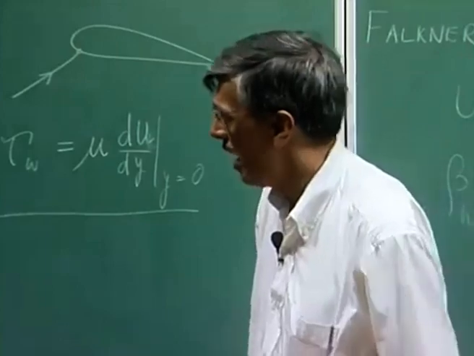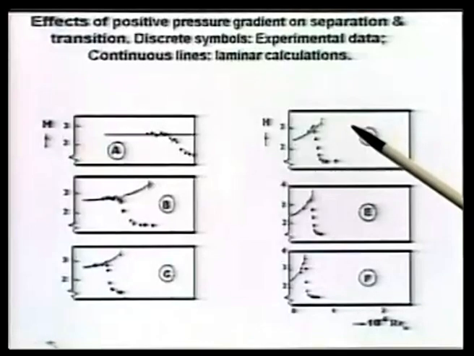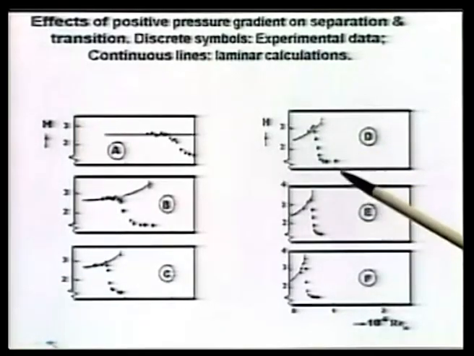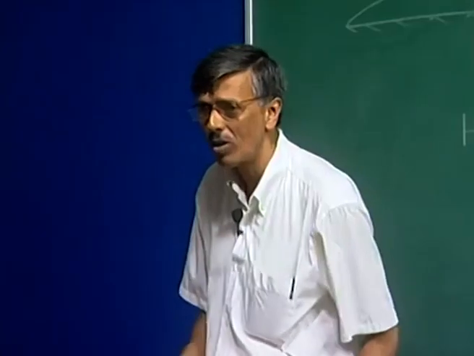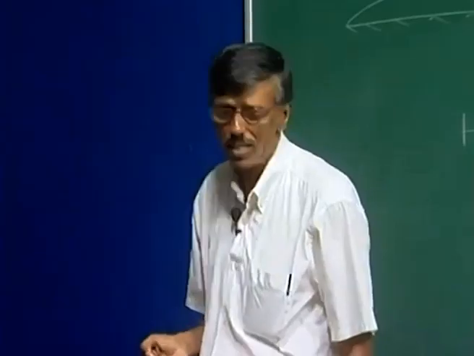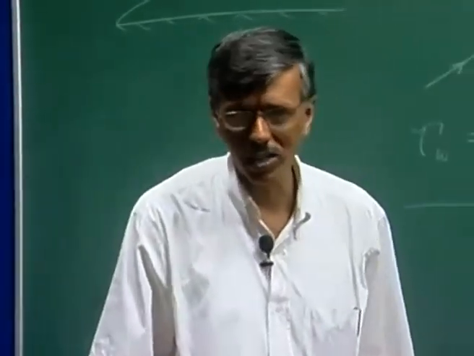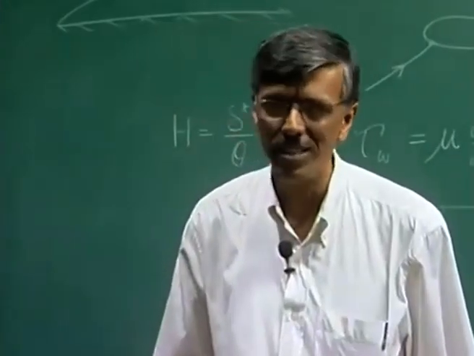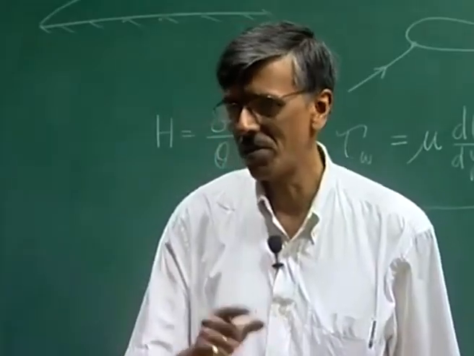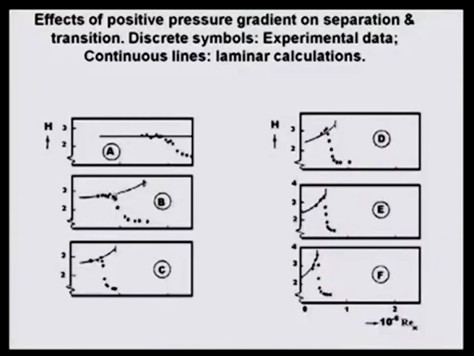The difference between the place where the flow separates and where the transition occurs progressively becomes smaller and smaller with the strength of the adverse pressure gradient. So, if you have a sufficiently strong adverse pressure gradient, you do not need to do many fancy calculations. You can very safely say the point of separation and point of transition are synonymous, they are the same.